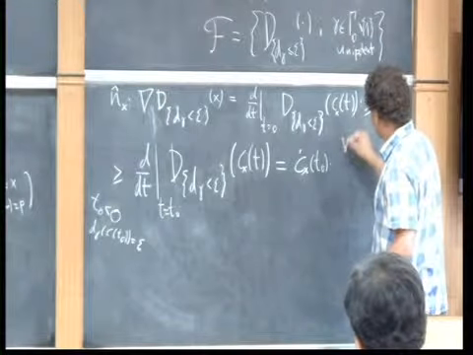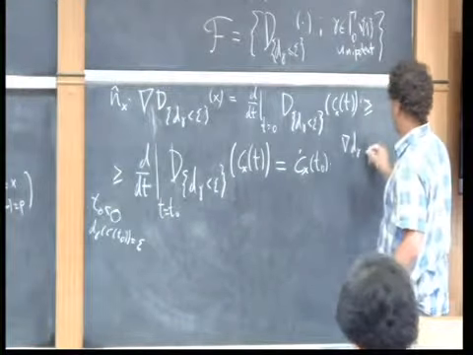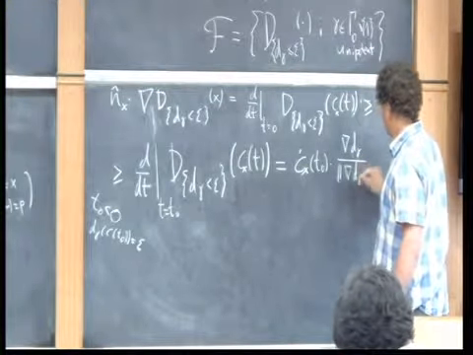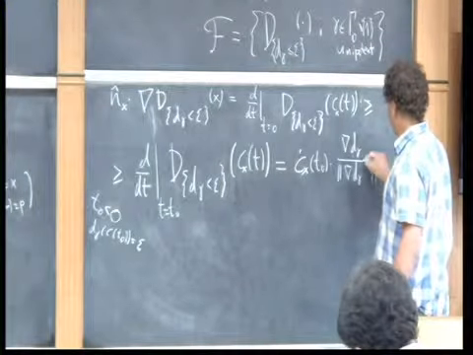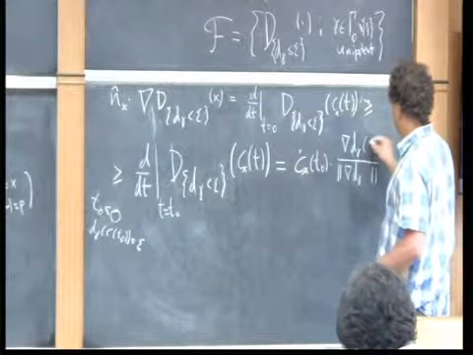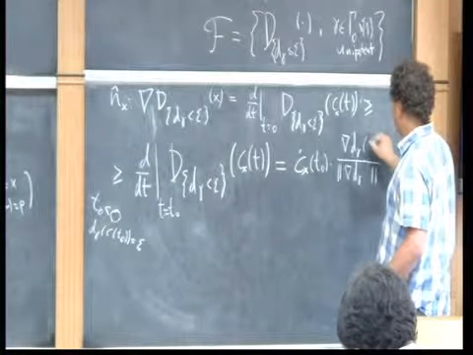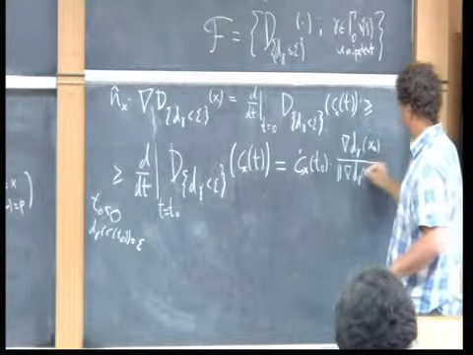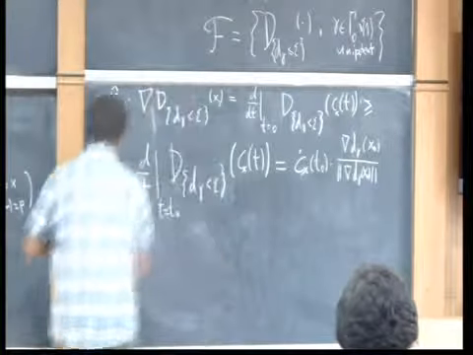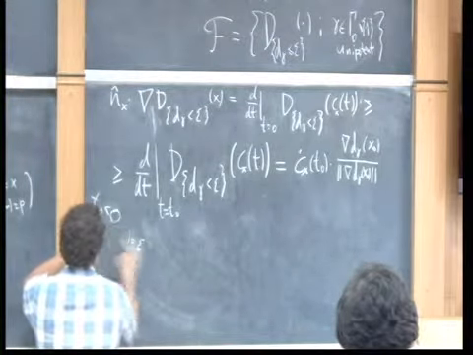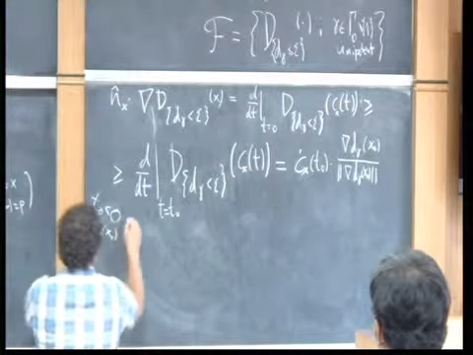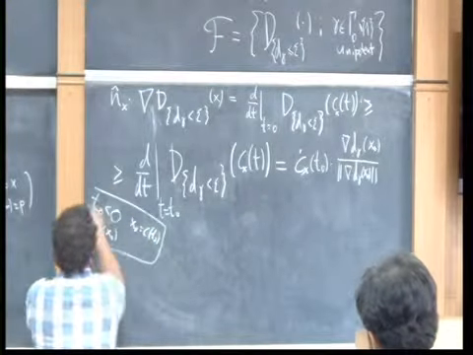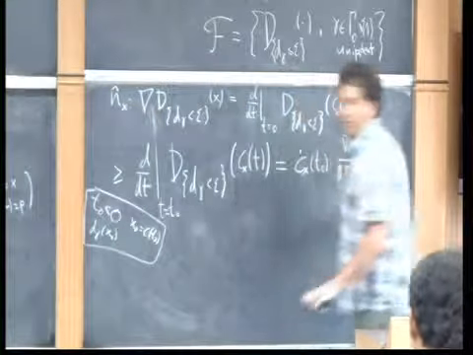It's exactly the gradient of d gamma normalized by its norm. At the same point, let's call this point x naught, and this x naught is C of t0. Okay, so this is exactly the same.